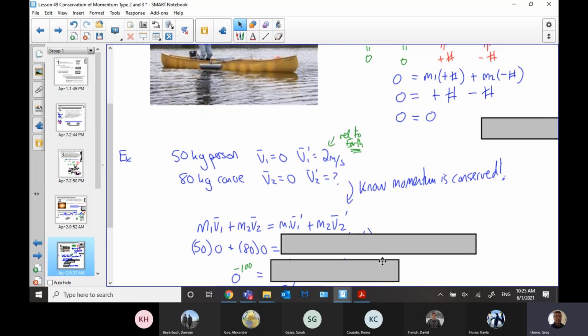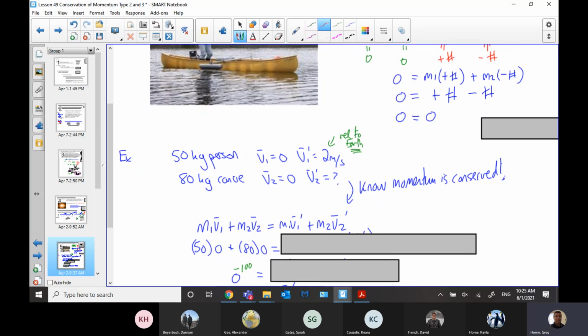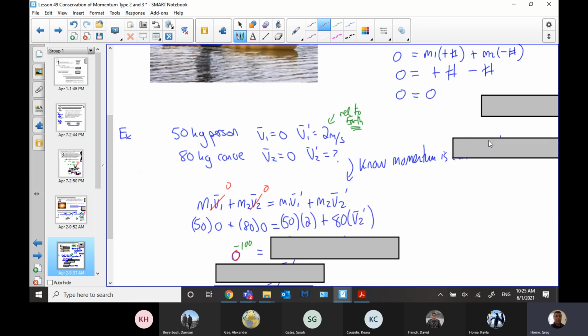But in your homework, you might just put a line through this and say 0, and a line through this and say 0, and just skip right to that if it saves you a little bit of carpal tunnel syndrome at the end of the day. So we still have the masses, the 50 and the 80, and you've got the 2 in there, and then you've got the other velocity.